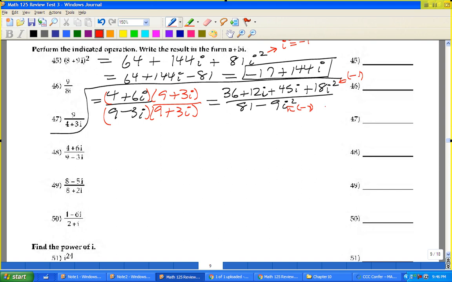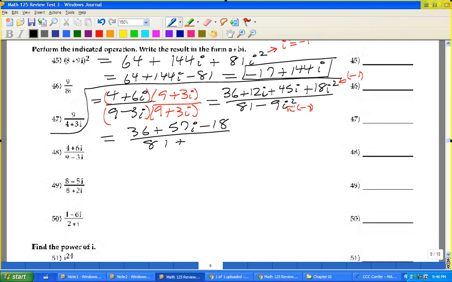And so I get 36 plus 12i plus 45i is 57i. The i squared becomes a negative 1, so the positive 18i squared becomes a negative 18.